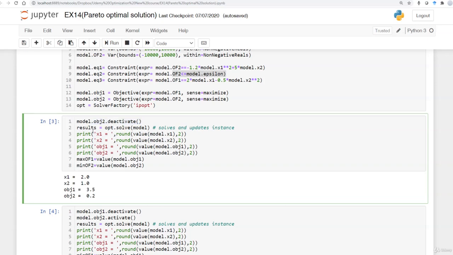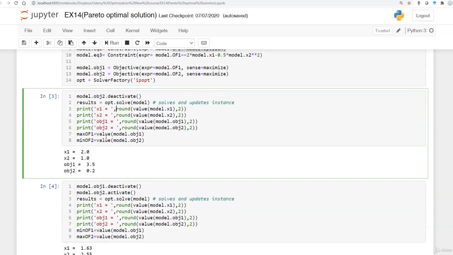And then I ask the Pareto to solve it. So what objective is being optimized? This is the active objective, the objective 1, which is OF1. So it is solved. In this way, the maximum value of OF1 is found.